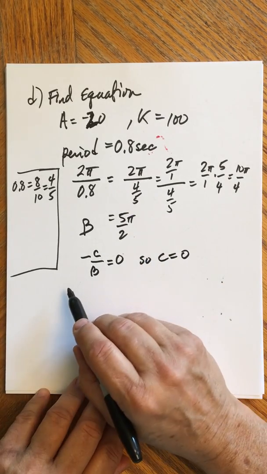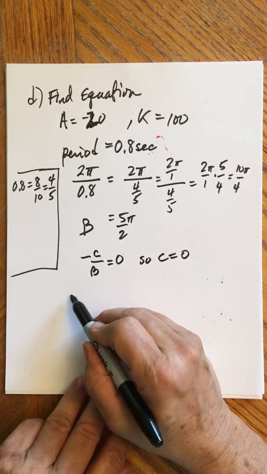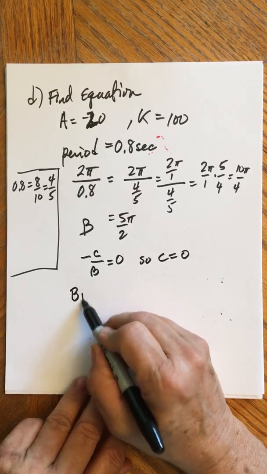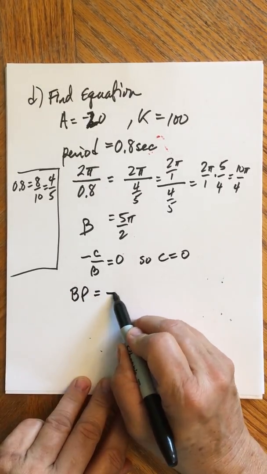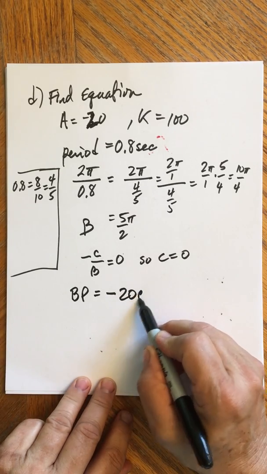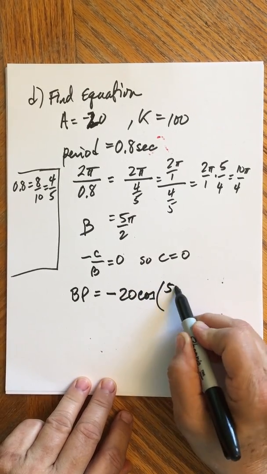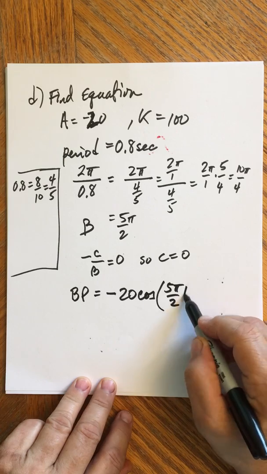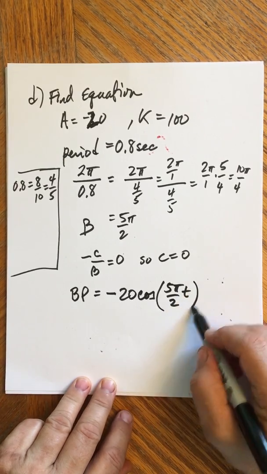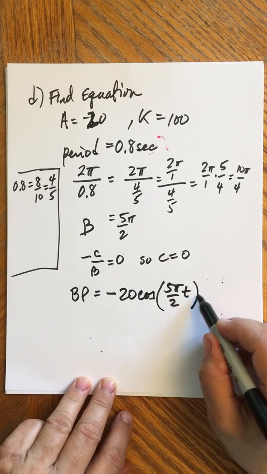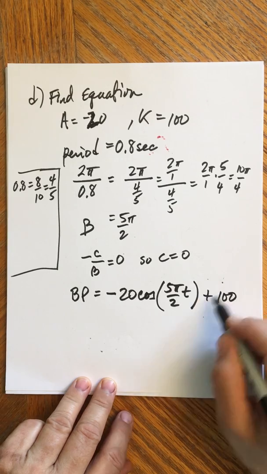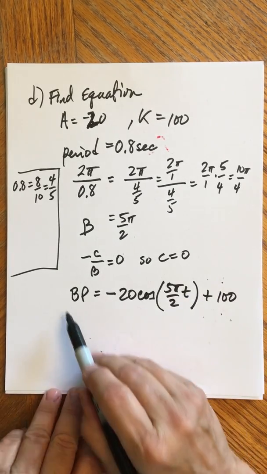So now the equation I would get would be blood pressure equals negative 20 cosine of 5 pi over 2 t. And that would be it. If you wanted to, you could add plus 100. So there's no C. So this would be my equation.